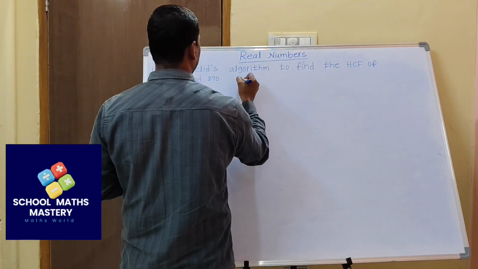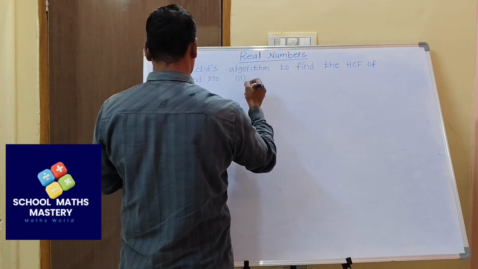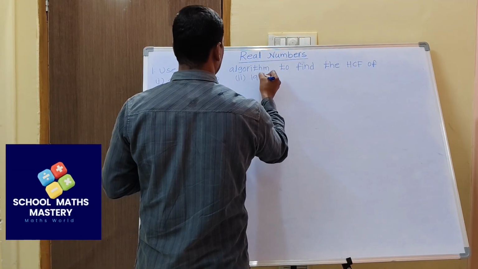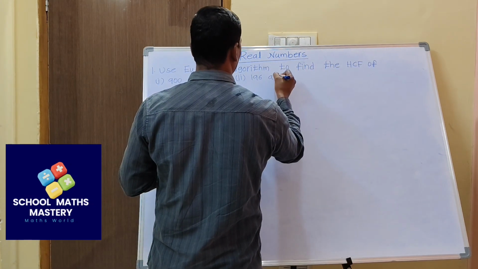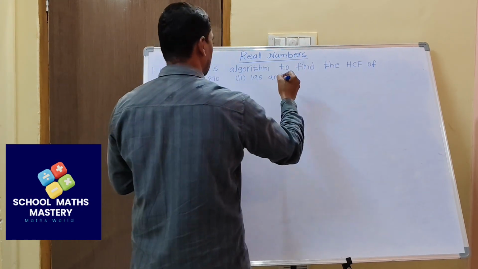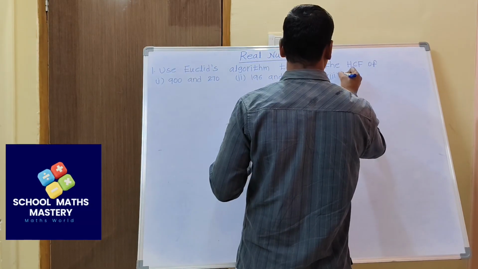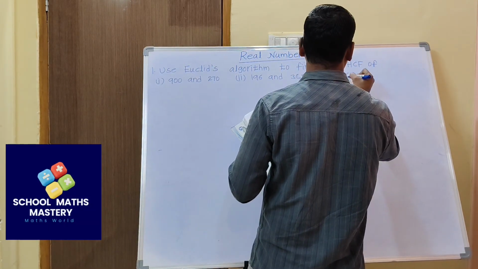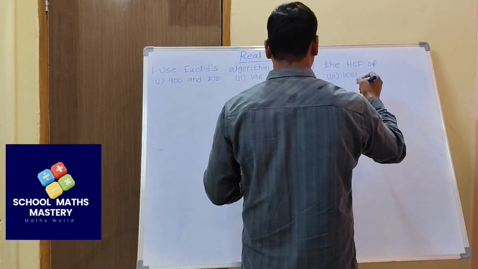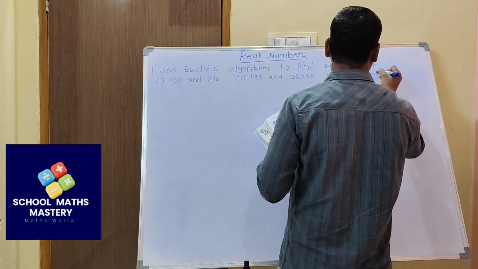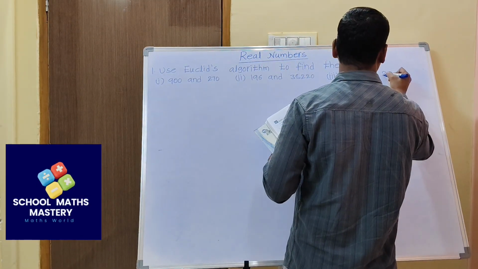Second one is 196 and 38,220. Third one is 1651 and 2032.